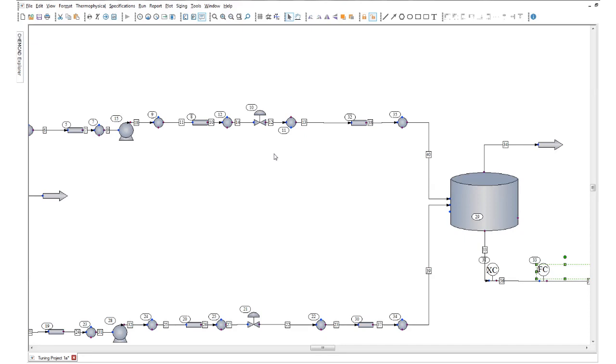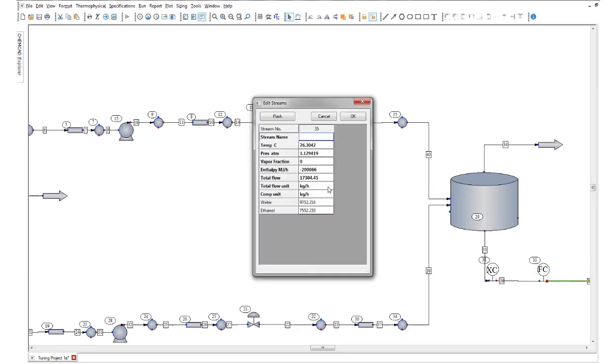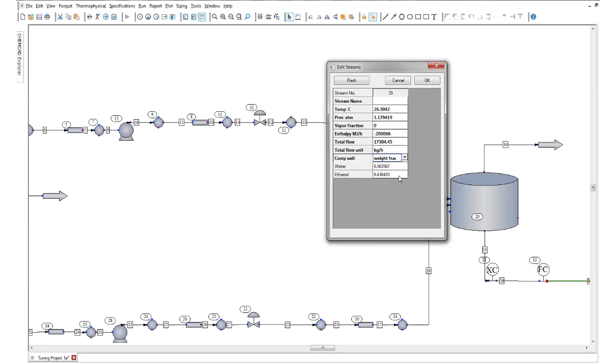So what we want to do is find out a way of controlling the composition that I want. At the present time, my composition, looking at a weight fraction, right now it's at 0.436 for ethanol. Okay, so what we want to do is tune that valve to give me a constant value.